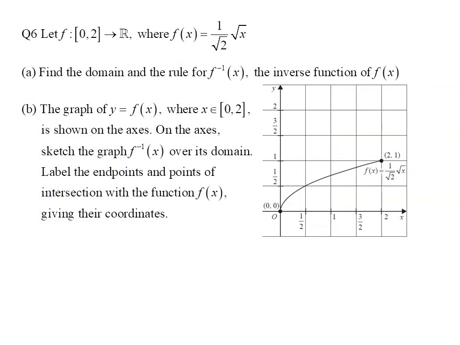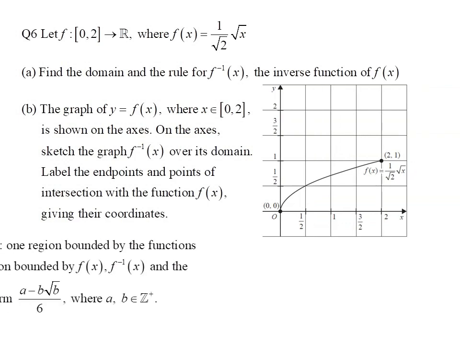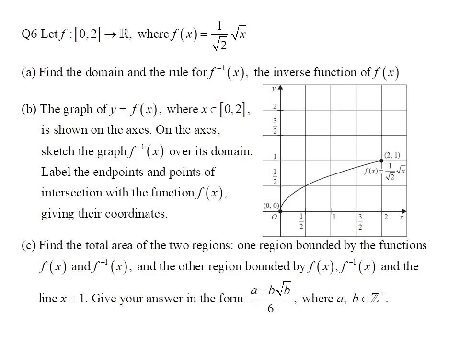Part C is to find the total area of the two regions, one region bounded by the function f of x and its inverse function, and the other region bounded by f of x, its inverse function, and the line x equals 1. The requirement is also to give the answer in the form of a minus b square root of b all over 6, where both a and b are positive integers.